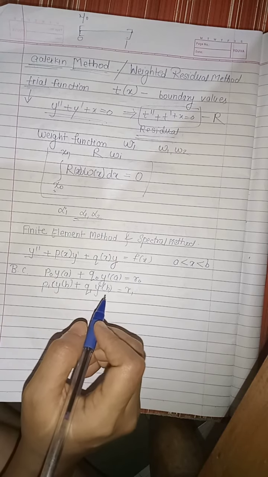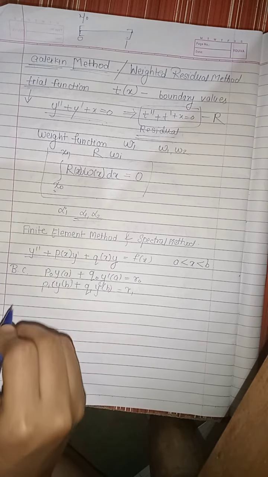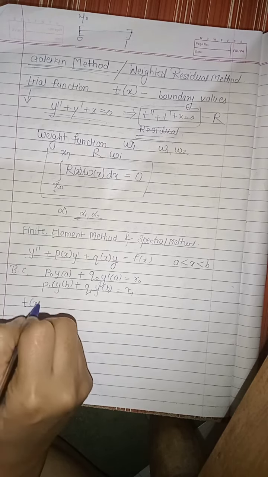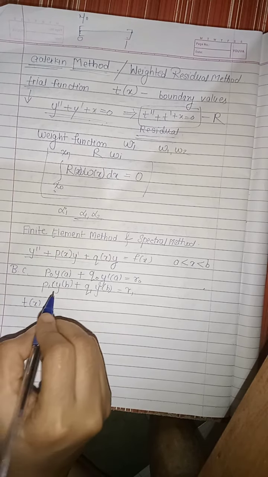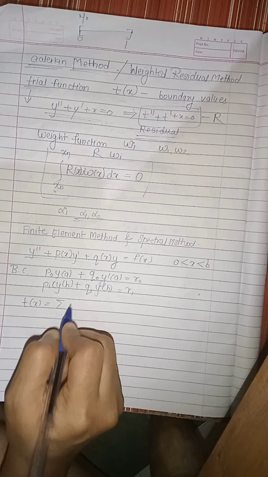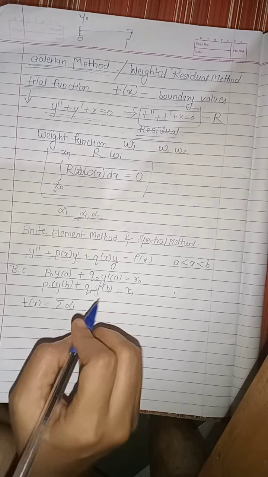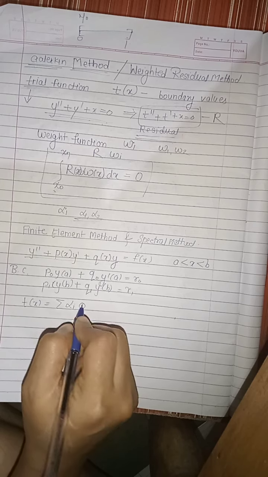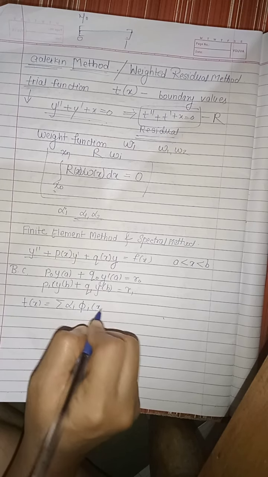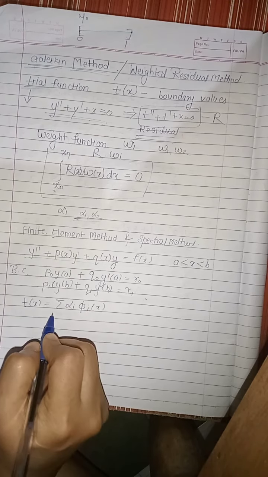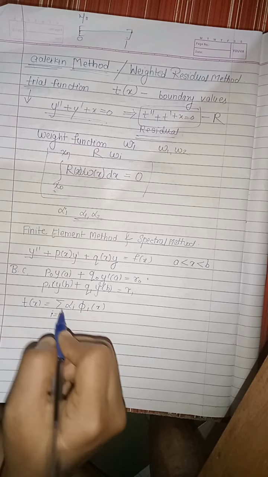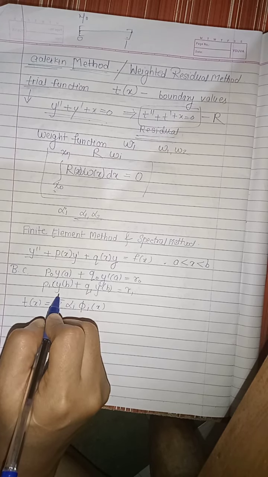So now we have to consider one trial function, so it is t of x equal to, now this trial function is in the form of some parameter or unknown variable, that is alpha i into phi i of x. Okay, so this is the form of every trial function.